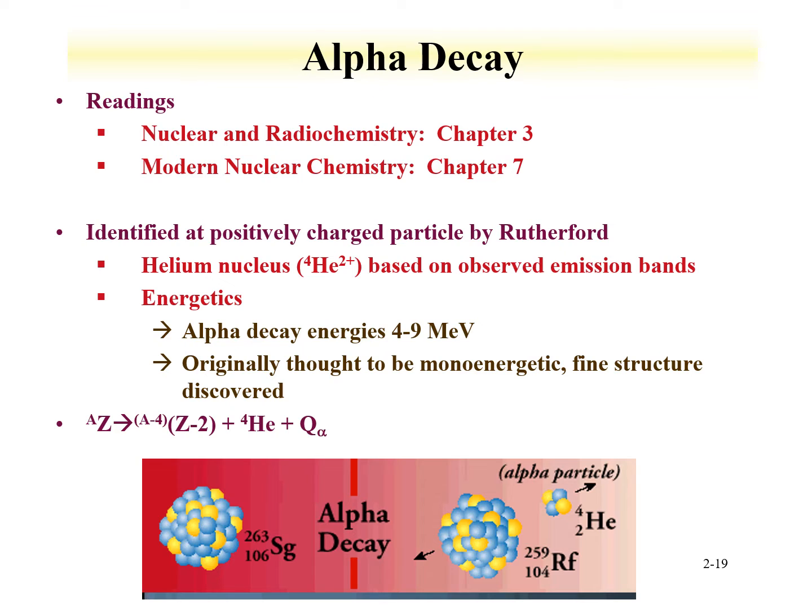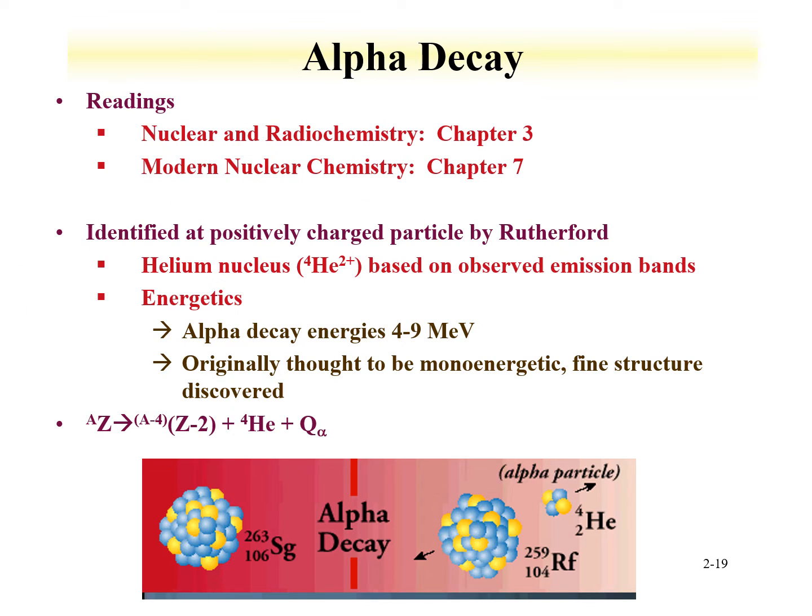We're also going to talk about heavy particle radioactivity, in other words, the emission of a charged particle larger than the helium nucleus. We'll introduce the concept that some isotopes have a very, very small branching of a decay of something like carbon-12. And then we'll talk about proton decay.